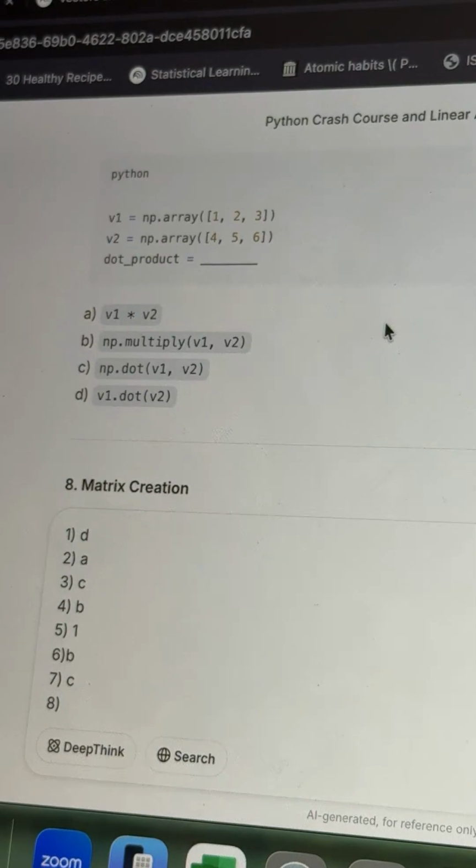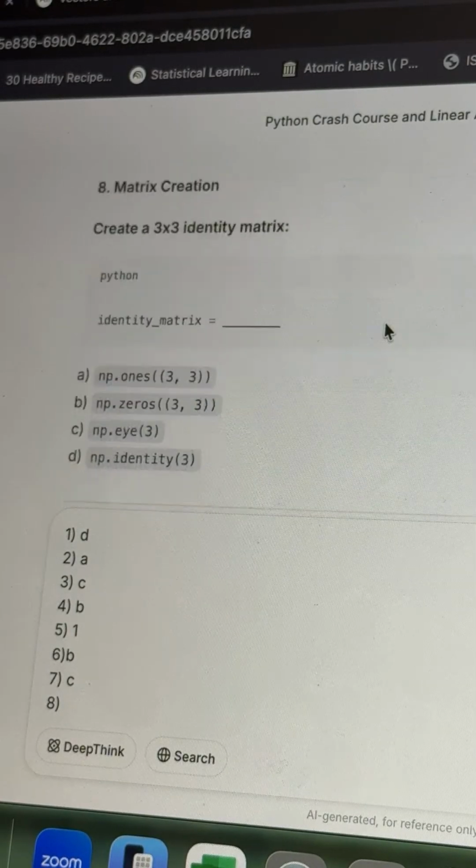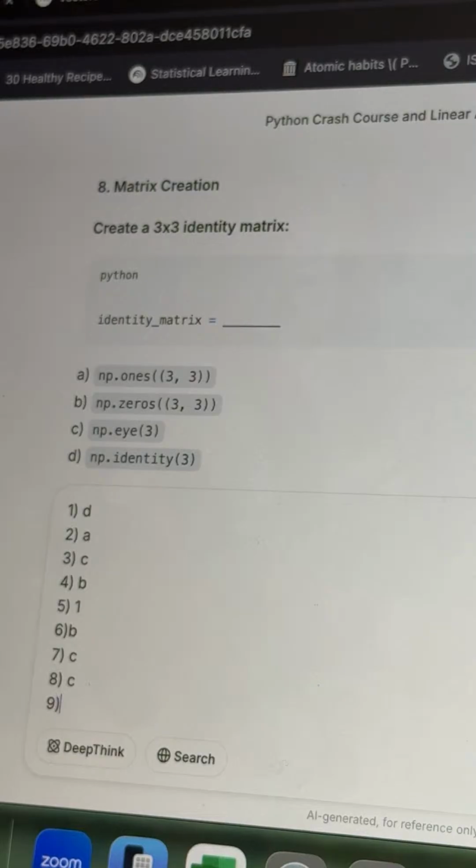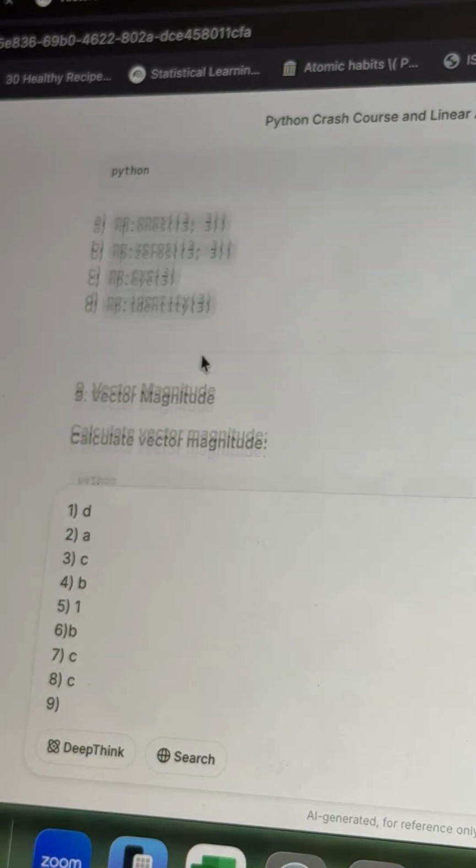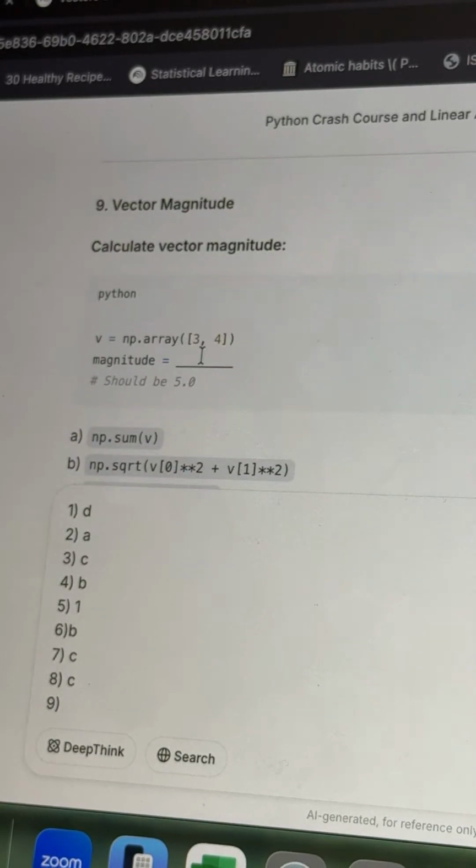What the answers are. So matrix creation. Create a 3 by 3 identity matrix. np.eye. C. Let's see here. Vector magnitude. Calculate the vector magnitude of this thing.